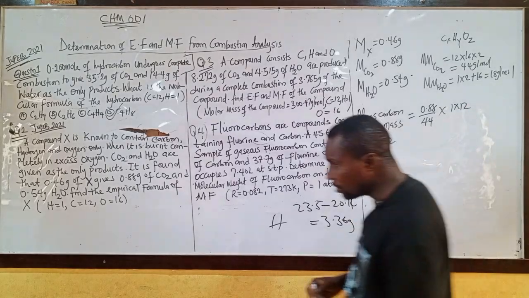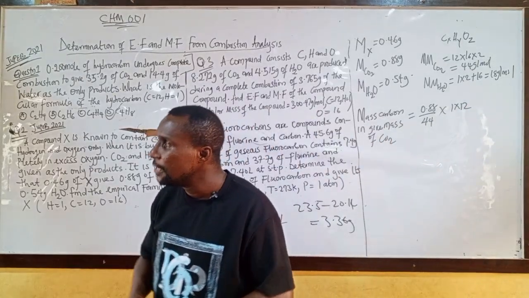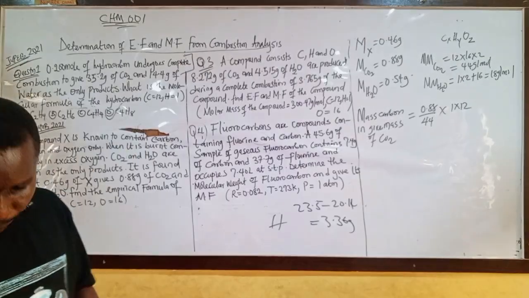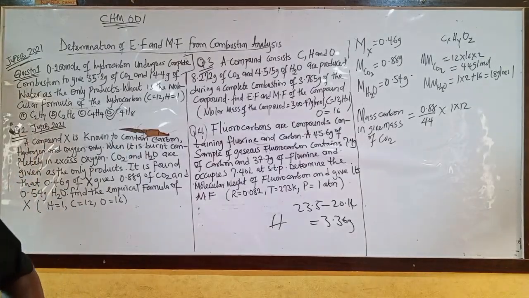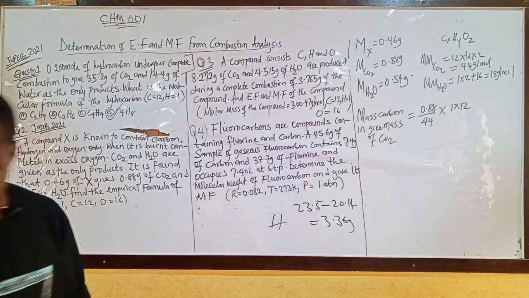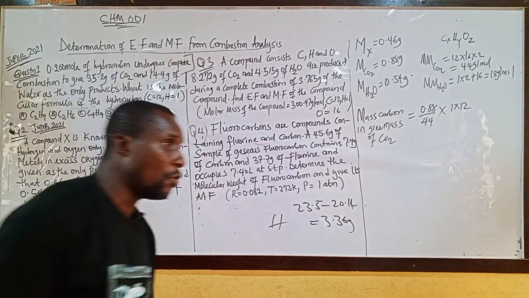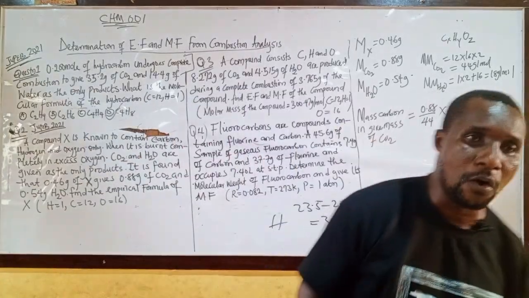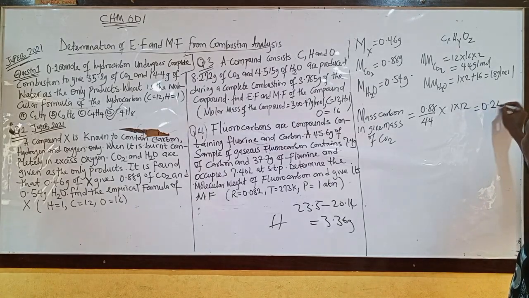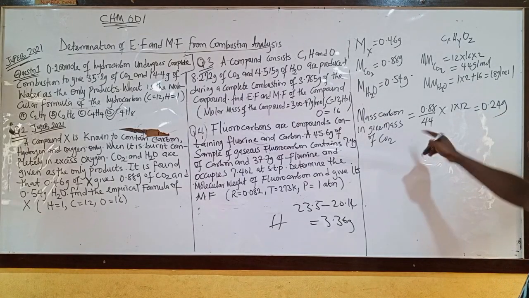Then 0.88 times 12 divided by 44 will give you, punch it, 0.24. We get 0.24 gram. That's the mass of carbon.